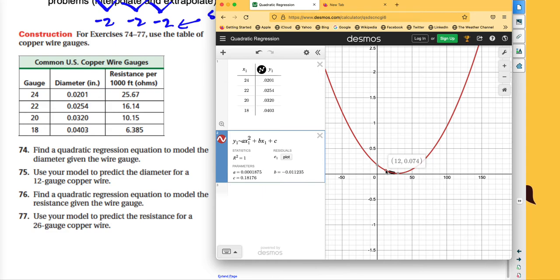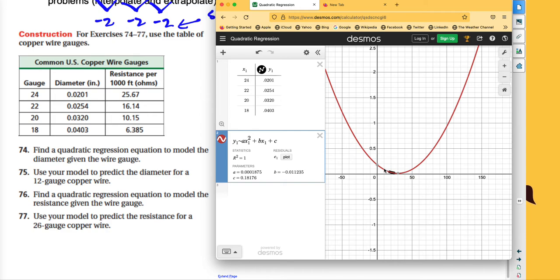I have big fat fingers and the Chromebook trackpad is worthless to me. If you can use your mouse to go onto the graph and find 12, my answer would be 0.074. If I plug 12 in place of x, I would also get the exact same answer. So you don't need to do it this way.